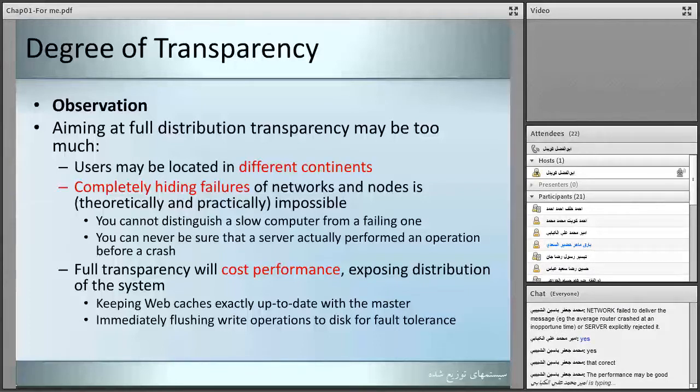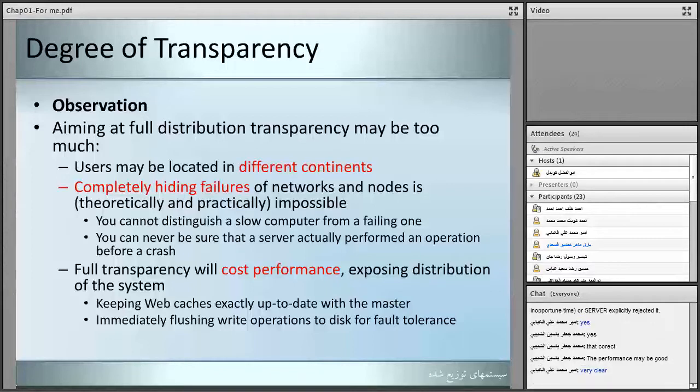As an example, web caching is something about storing some files on your computer, on your laptop, on your mobile phone, on your device. Do you know what is web caching?